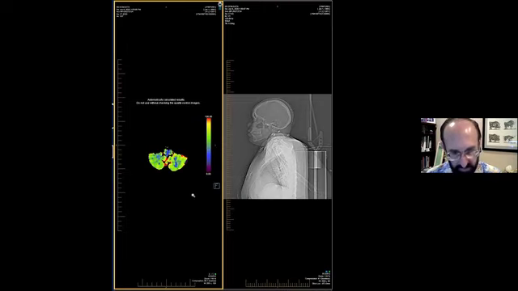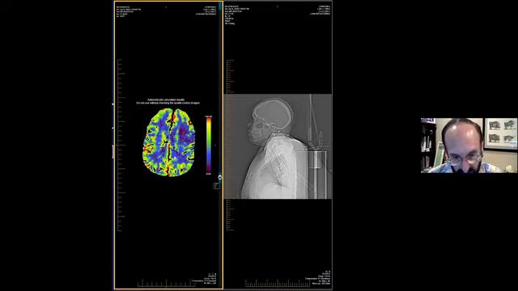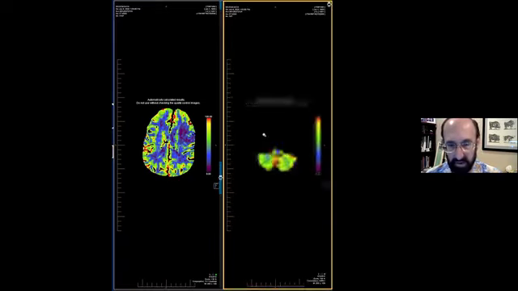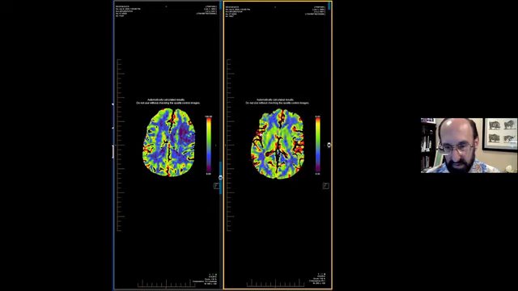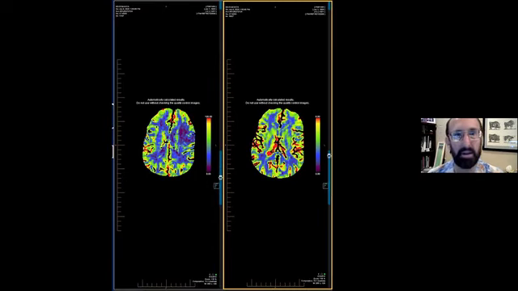This is the cerebral blood flow image. This is the cerebral blood volume image. Let me see if I can get to 4-on-1 here.